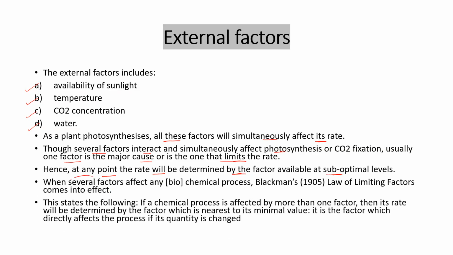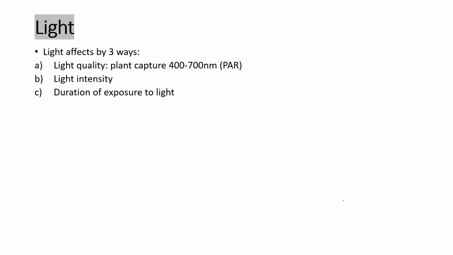When many factors affect any biochemical process, Blackman gave a law known as the law of limiting factor, which says that if a chemical process is affected by more than one factor, then its rate is determined by the factor which is nearest to the minimum value. Meaning if you change that value, immediately you will find the rate increasing. Clear, beta?